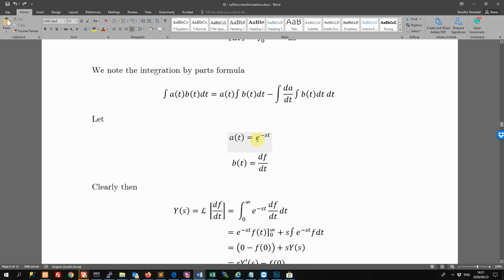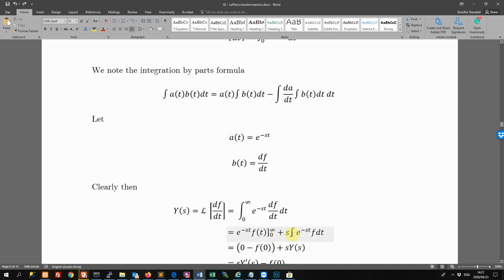And so this is going to be minus s e to the minus st. This is the derivative. We were integrating before. That's when you have 1 over s. Now that we are differentiating, it's just going to be minus s e to the minus st. So, of course, the second term, there's a minus, but when we differentiate, then that's a minus s times a minus, so that's a plus s there.